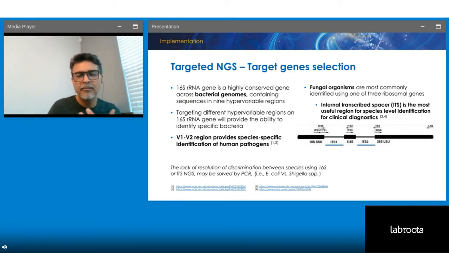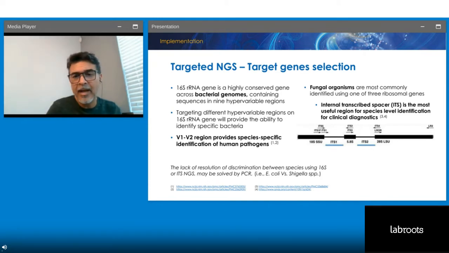So targeting these regions allows us to increase the amount of these genes, and in relationship with the host DNA, it's a little bit easier to perform the sequencing and identify the organism. There are nine hypervariable regions, but regions 1 and 2 are the ones that give the best identification for human pathogens.